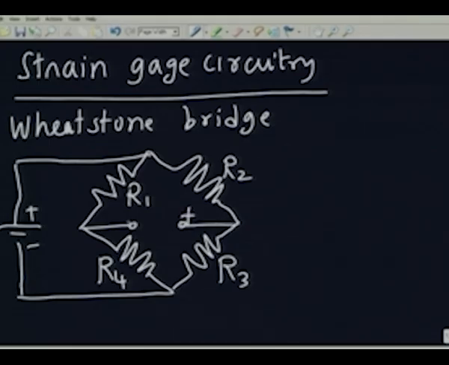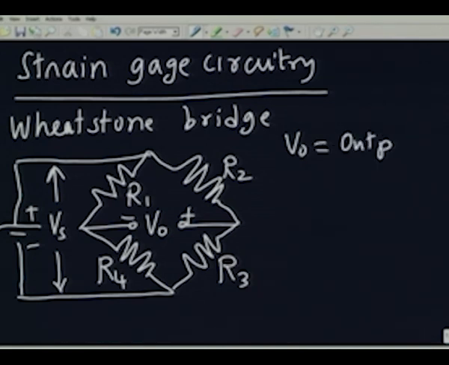This is positive, this is negative. We will call the supply voltage Vs, and Vo is the output. I am talking only about DC volts, that is why I have shown a battery here, or it could be a supply of DC voltage.